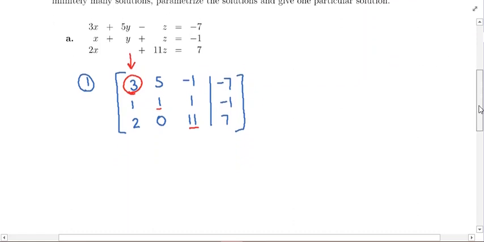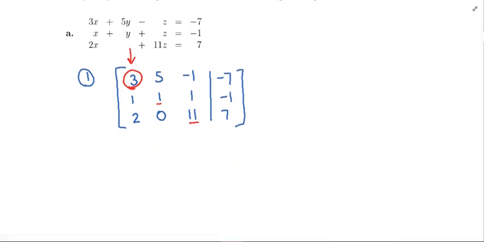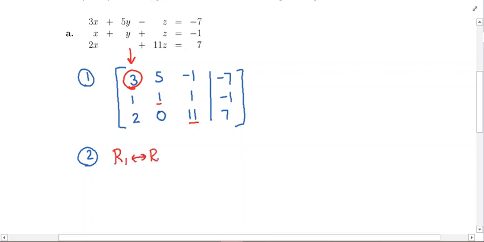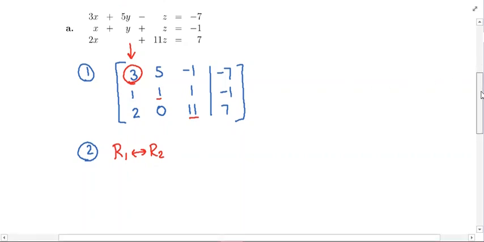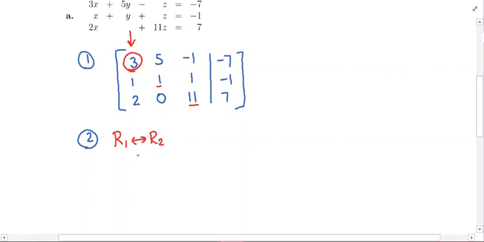Again, remember, I'm going to want you to indicate how you go from one matrix to the next. So to get the next matrix, we are going to do row 1 switched with row 2. Make sure you write out this little shorthand notation. All right. So if we make this switch, remember, nothing is going to happen to row 3.